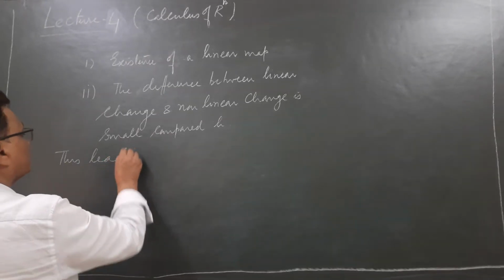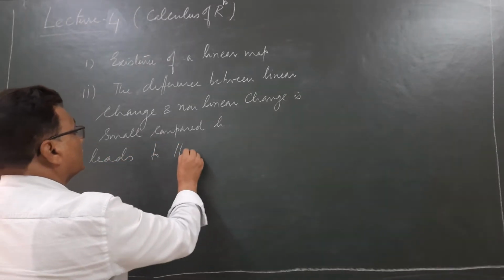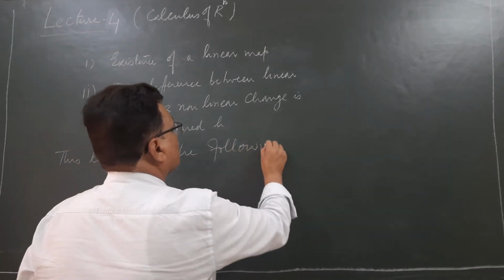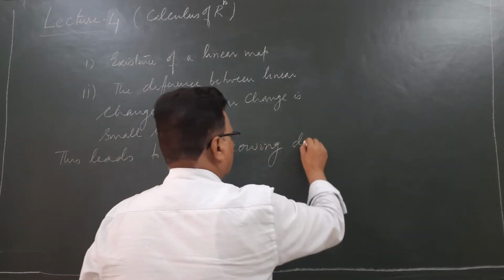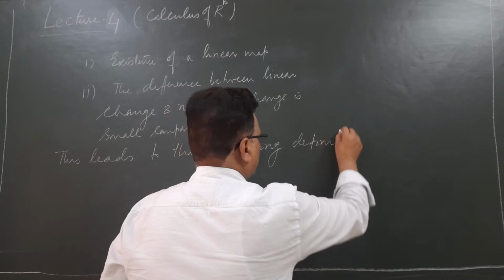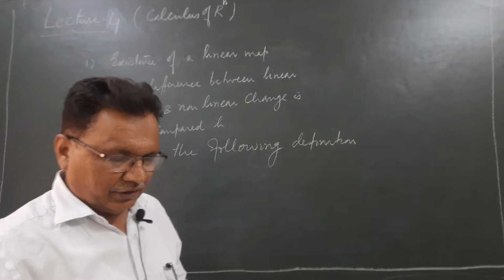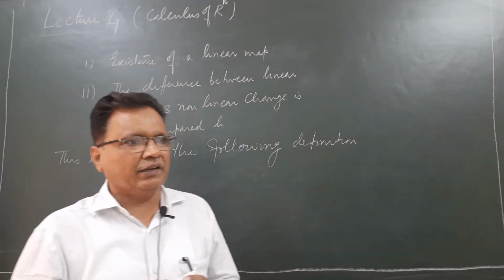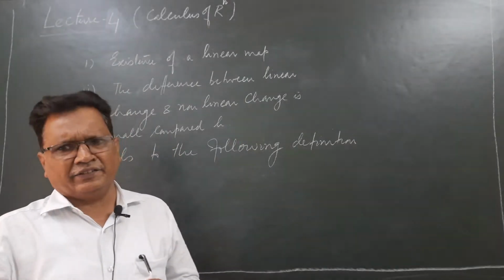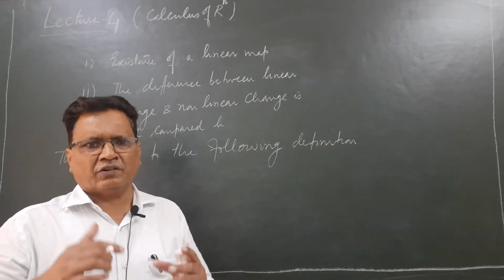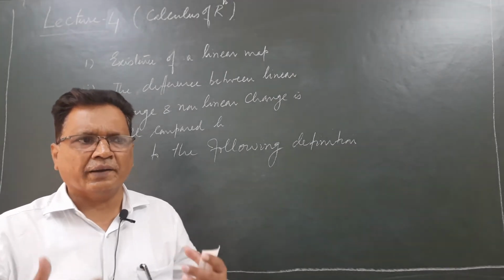This leads to the following definition for the most general case. Try to understand the point. In the beginning, we had observed certain difficulties in defining the idea of derivative for functions from Rn to Rm.